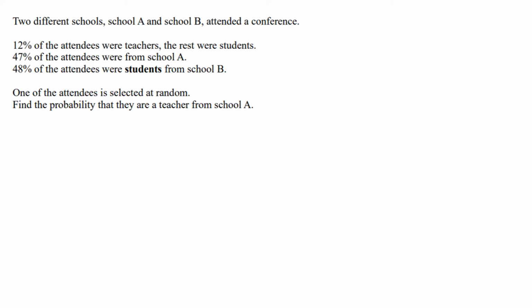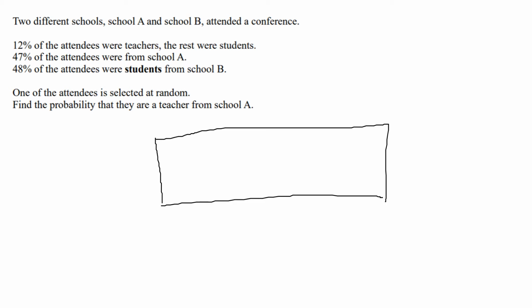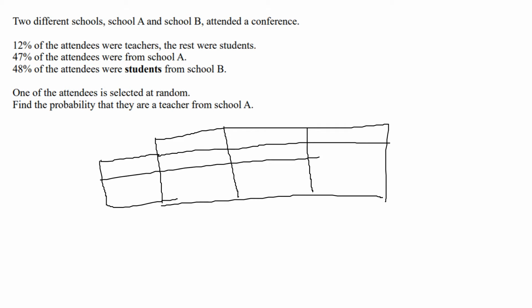So I'm going to draw a two-way table. So we'll have School A here, School B here, and then we'll have our total here.